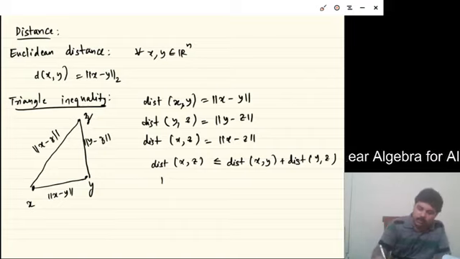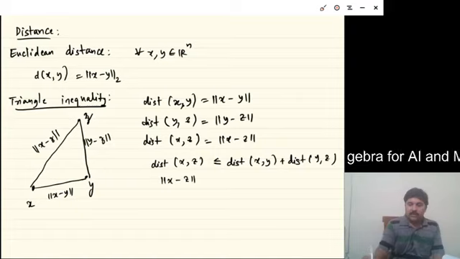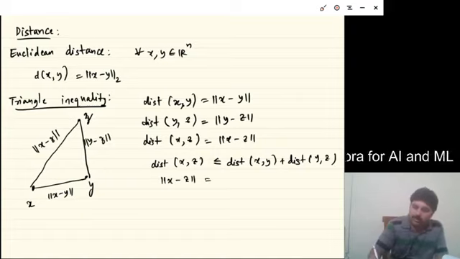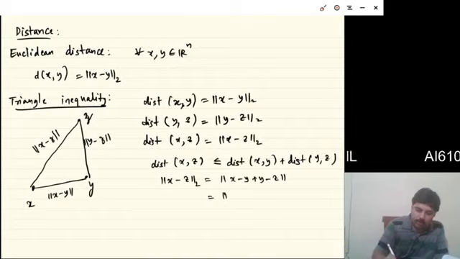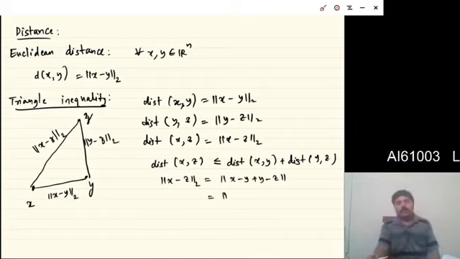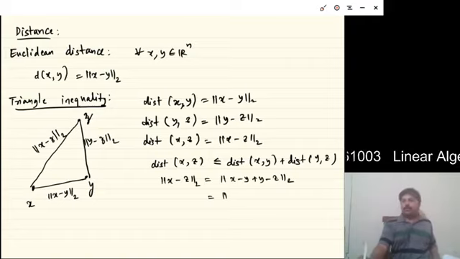So this is actually x minus z. And this x minus z, I can write down as x minus y plus y minus z. These are all two norms. So henceforth please remember that I will always consider two norms of the vectors unless otherwise specified. If I don't write down the subscript 2 here, by default it means that I am talking of two norms.